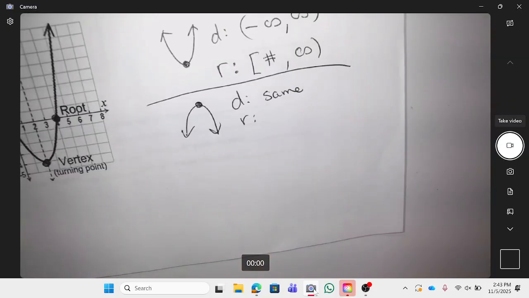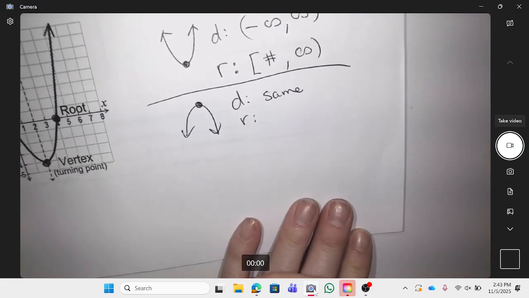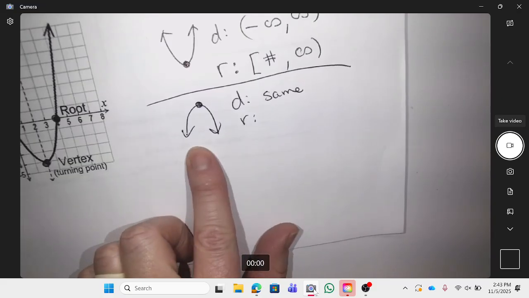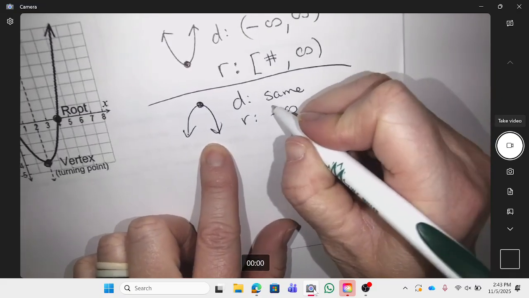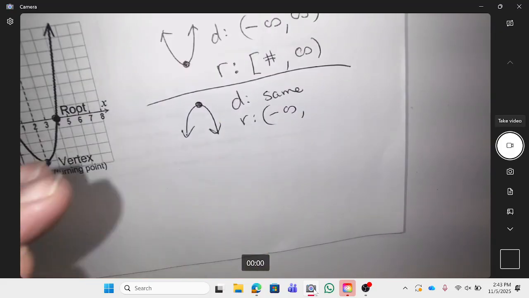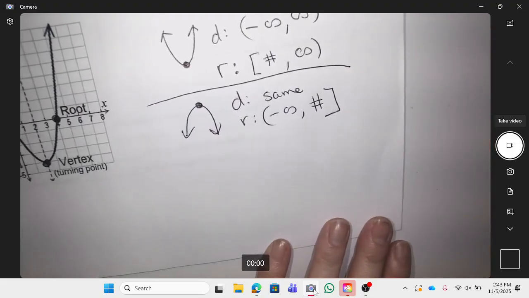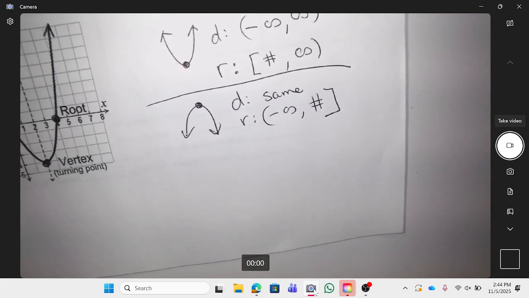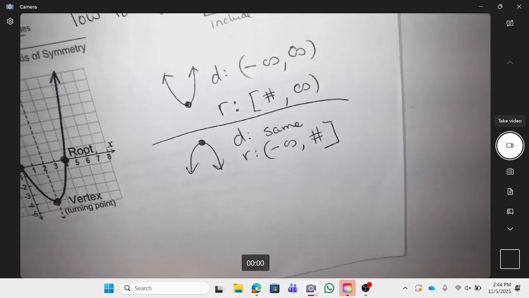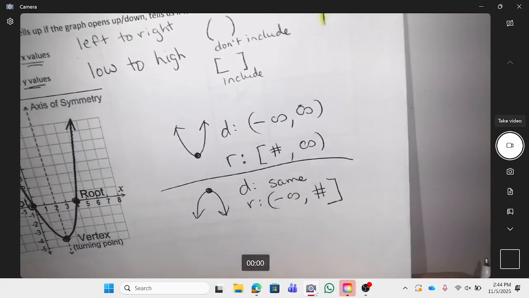Because it has to go low to high, so it looks different. So what would you do on that one? What's a low part? How low is this one going? Negative infinity. It's going down, down, down, down. And then on the highest, it will hit a specific exact number, right? Okay.